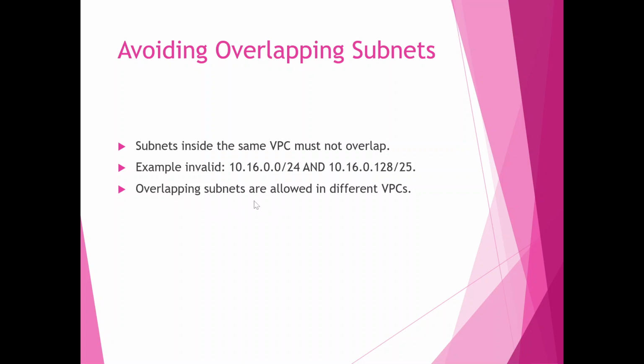Overlapping subnets are allowed in different VPCs. The simple rule is every subnet must have its unique range inside the VPC.